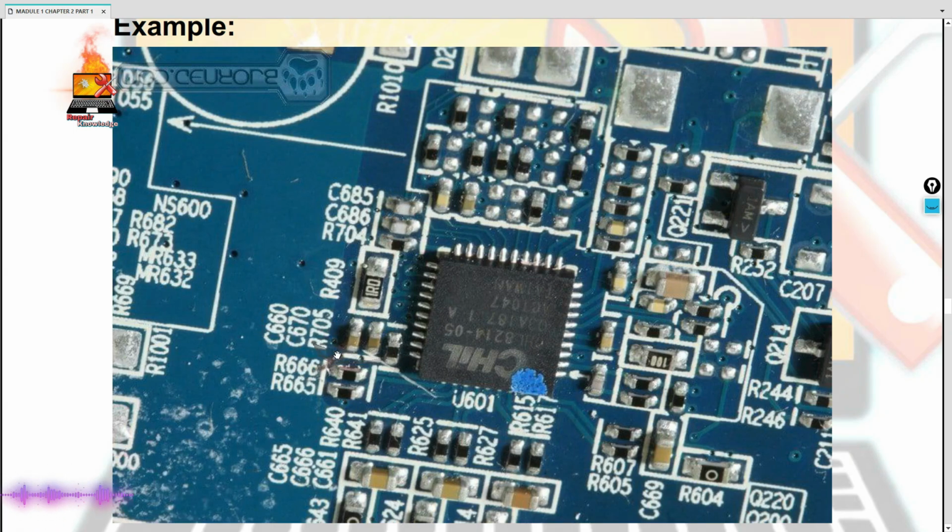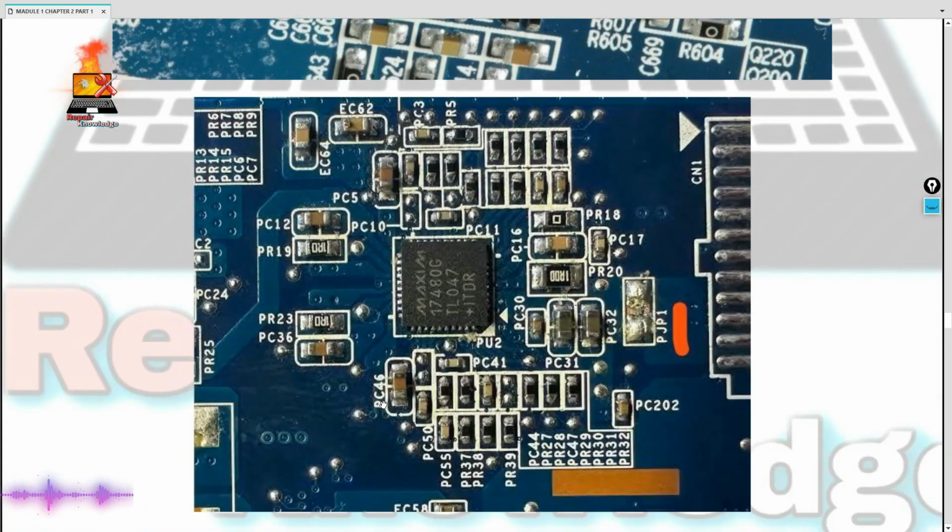See also here, here, and here, resistors, and the location number is given here. There are two capacitors and a resistor. In the middle this resistor's number is R705, and this one is also a resistor, R666, R665. These are the numbers of the resistors.